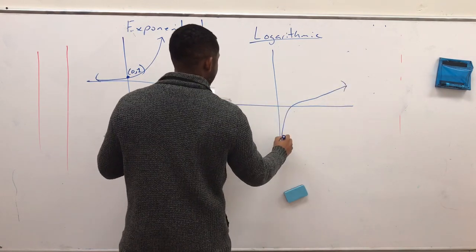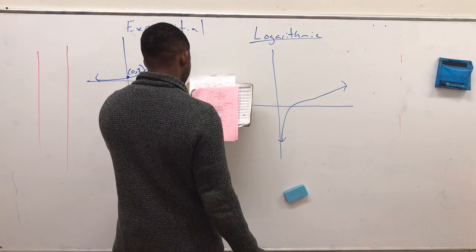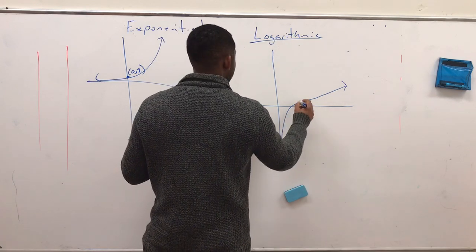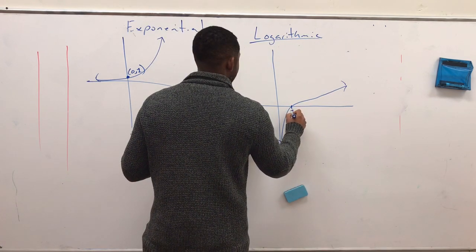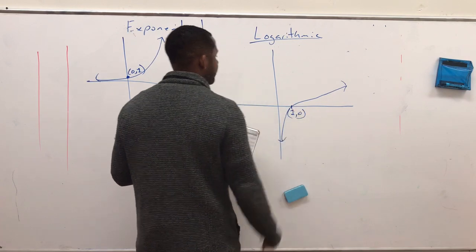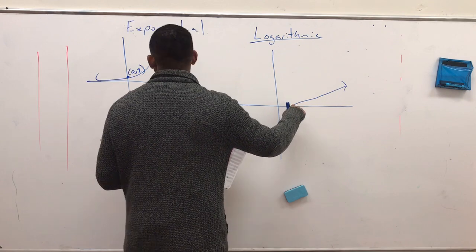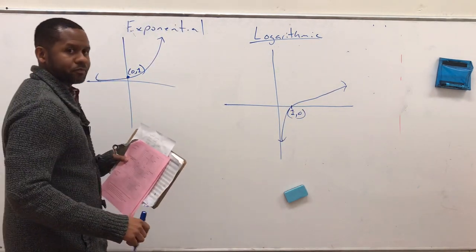That's terrible, but you have the graph already, sorry. And the key point for that one is 1, 0. It would be this point right here at 1, 0. Okay? So it's kind of like an x. In this case, it's an x-intercept. And in this case, it's basically the y-intercept.